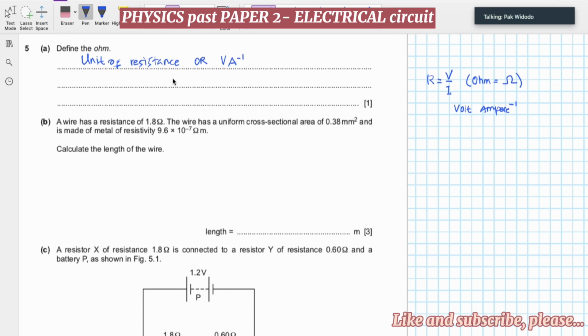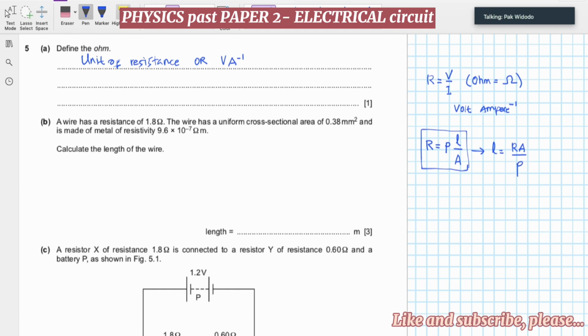If you still remember the resistance equation, R equals rho times L over A. From this we need to find L. So L means R A divided by rho.